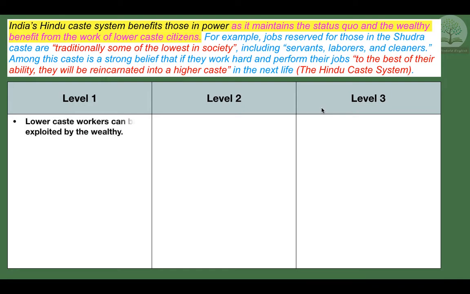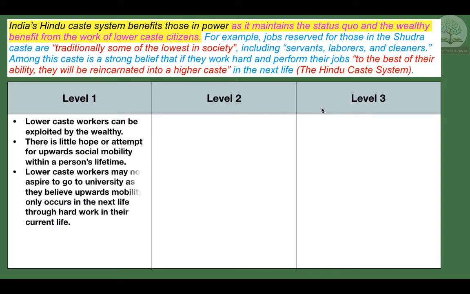Well, we could say low caste workers are exploited by wealthy people. We could say there's little hope for them for moving up in society. We could talk about how low caste workers might not want to go to university or gain an education because they believe that upwards mobility is not something that they can achieve in their current life.